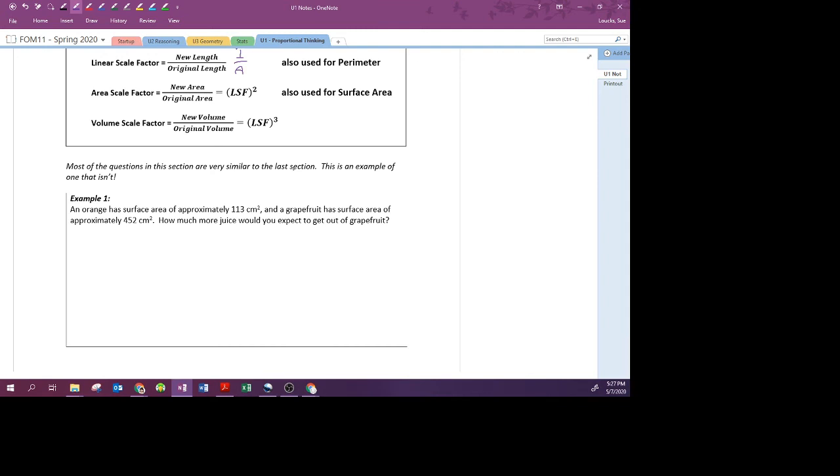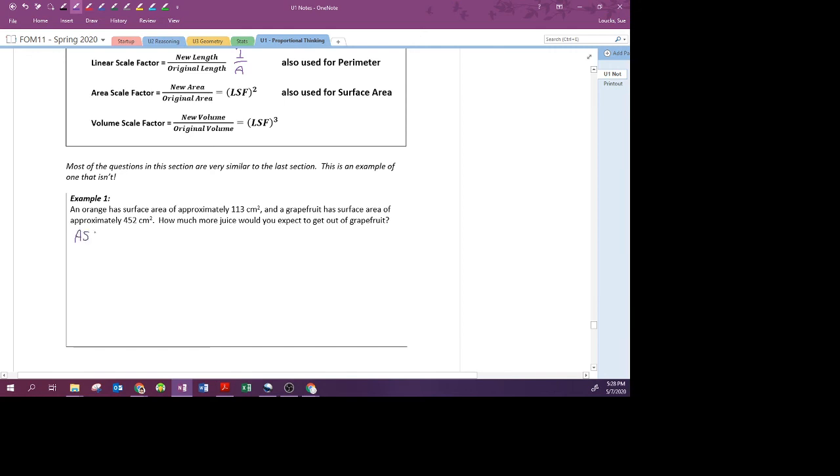How much more juice would you expect to get out of a grapefruit? So we're making an assumption that the amount of juice that you're going to get is related to the volume of the fruit, not anything else, right? But we're given surface area numbers, so the only information we can get directly from that is the area scale factor, okay? Because we're just given area information.